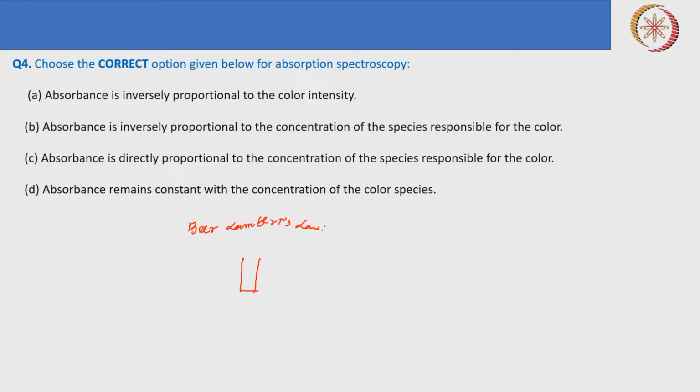Suppose you have one analyte in a cuvette, and you have some source. For UV visible spectroscopy, there is a deuterium source.